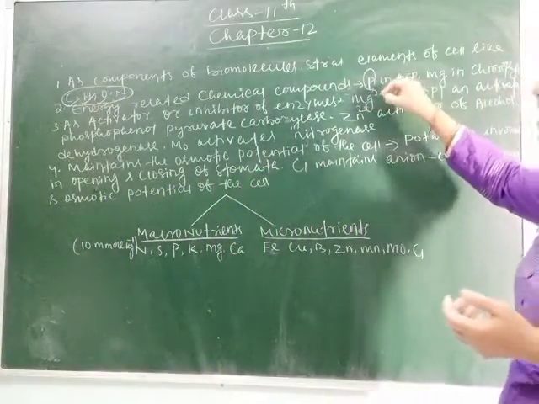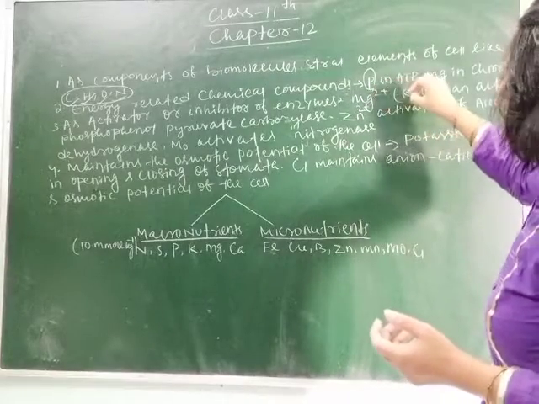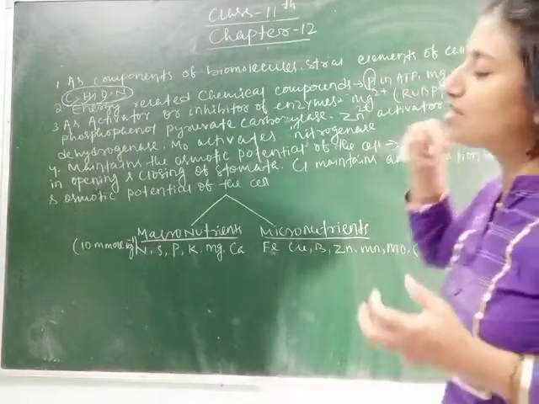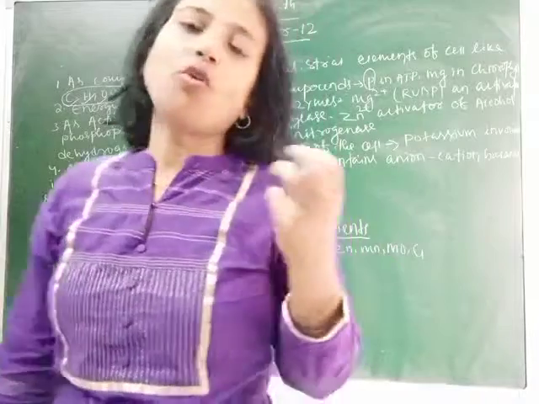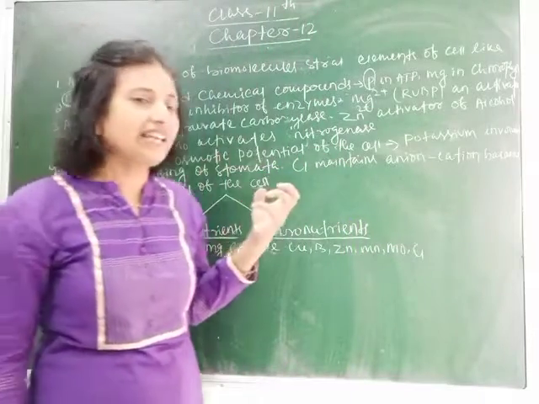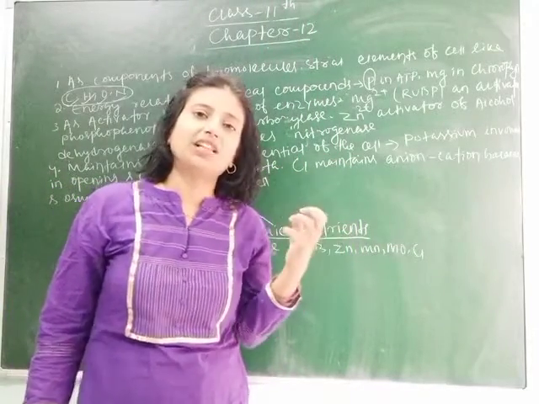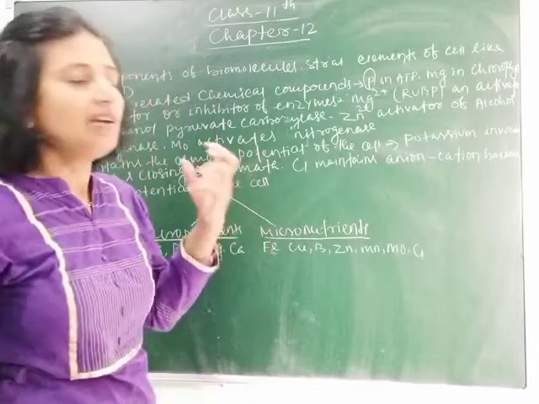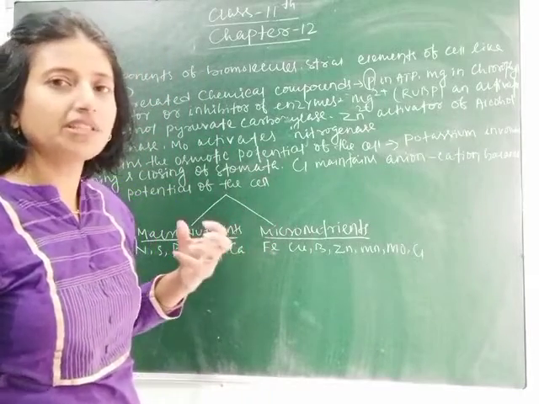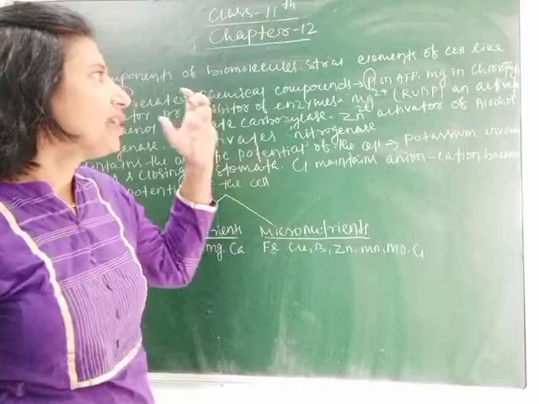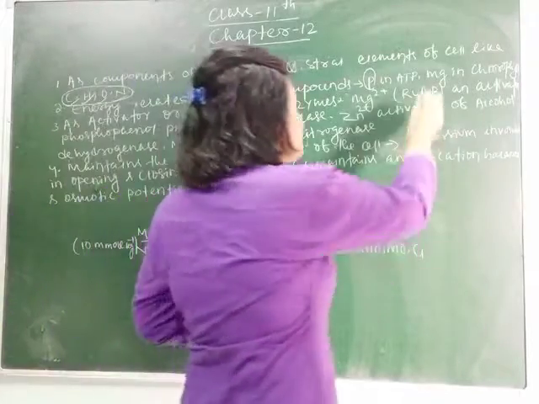Phosphorus in ATP, adenosine triphosphate, and magnesium in chlorophyll. Without magnesium, chlorophyll can't be synthesized in the plant. That's why for the preparation of chlorophyll, which traps sunlight, the most important element is magnesium.